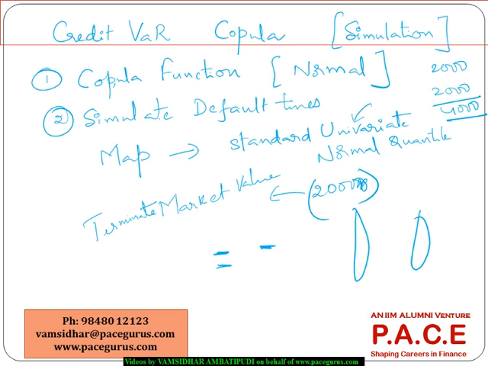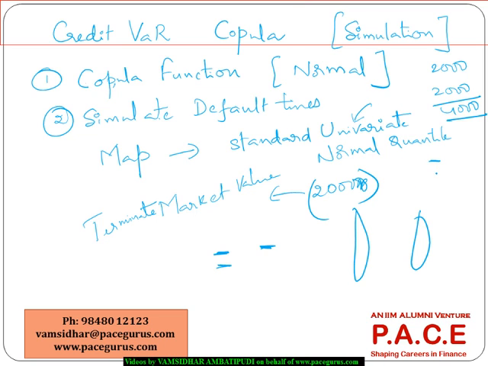Once I get the market values and compute the profit and loss data for each scenario based on the simulated default times, I can get a portfolio distribution by adding the simulated terminal values.